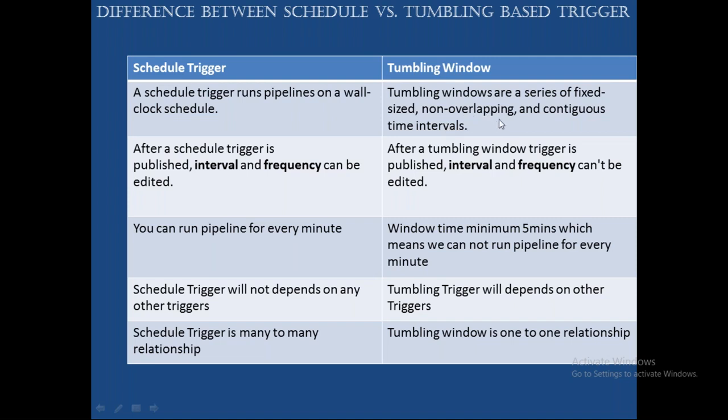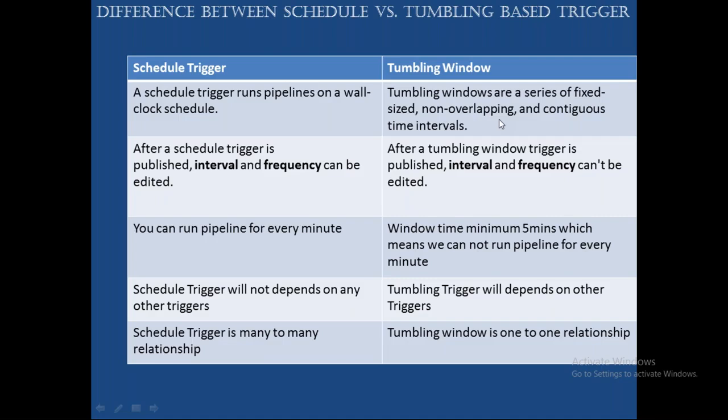Non-overlapping means, for 1 hour, say from 1 o'clock to 2 o'clock is one window, 2 to 3 is another window. There is no overlapping. But with a schedule trigger, you may create a trigger that runs the pipeline at 1 o'clock and runs it again at 1:30. Now what happens?